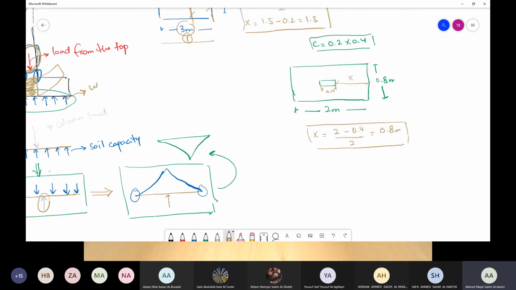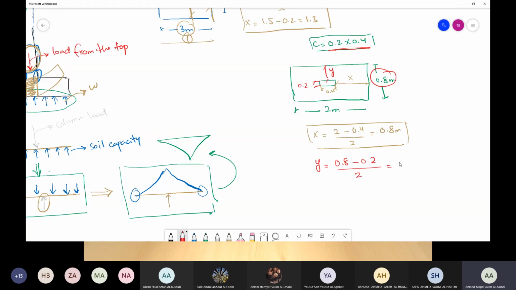Now, how about the other direction, which is your y? Now you can see your y value is equal to 0.8, which is the whole distance, minus this distance, which is 0.2, because we said the column is 0.2 by 0.4, minus 0.2 divided by 2 portions.